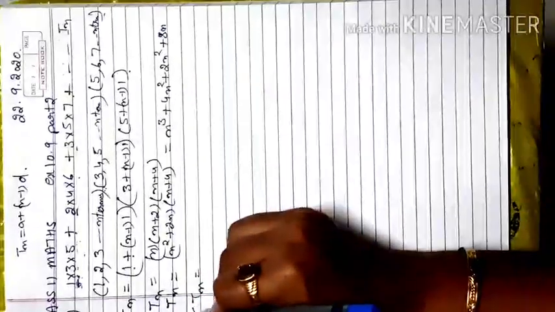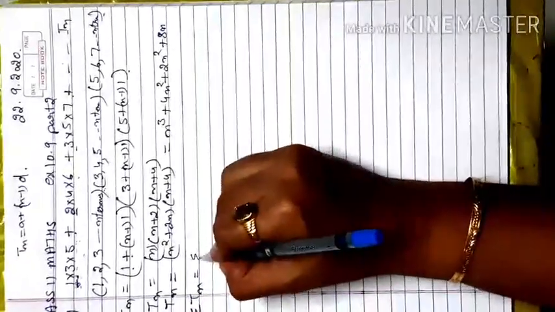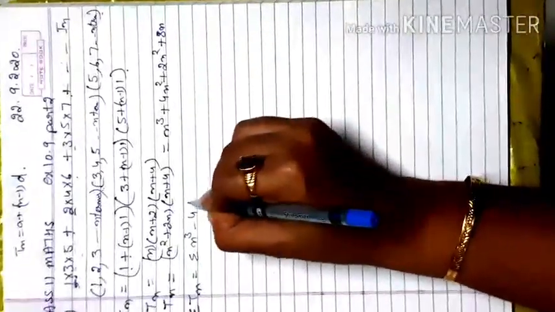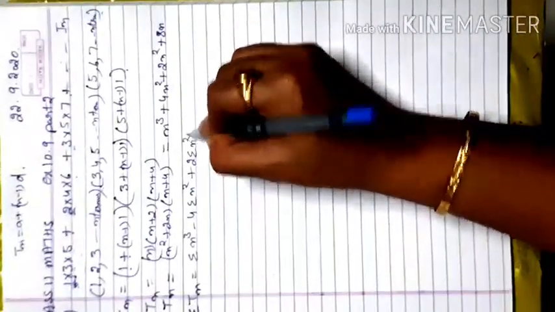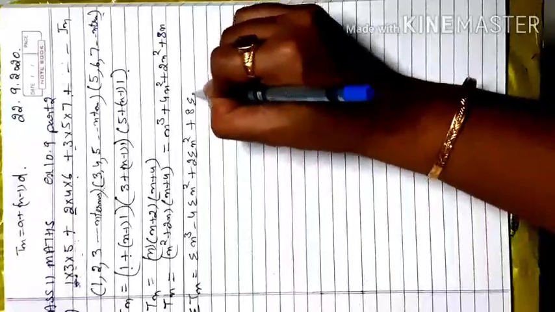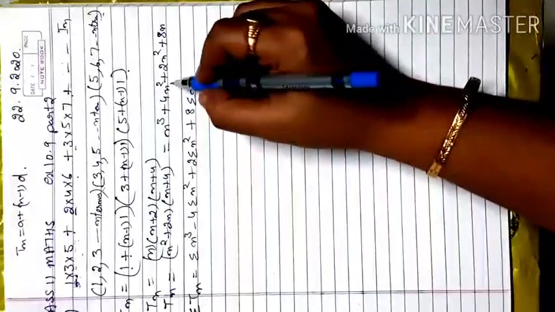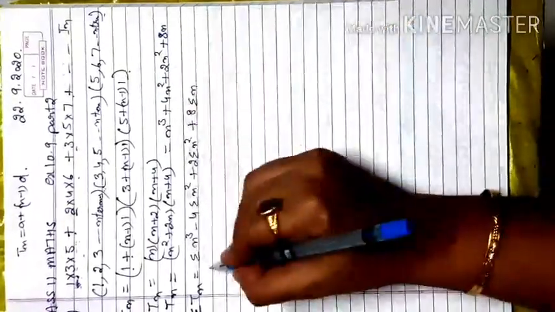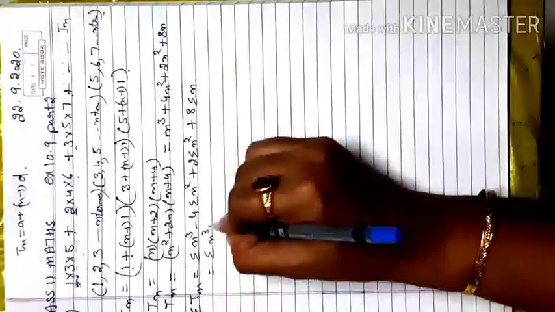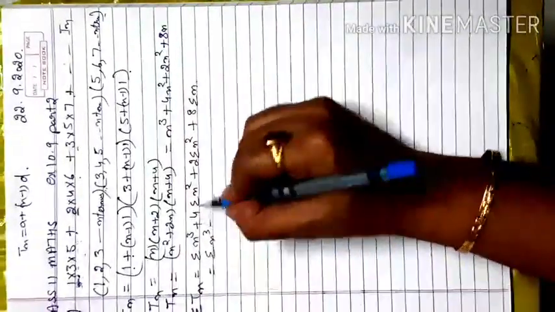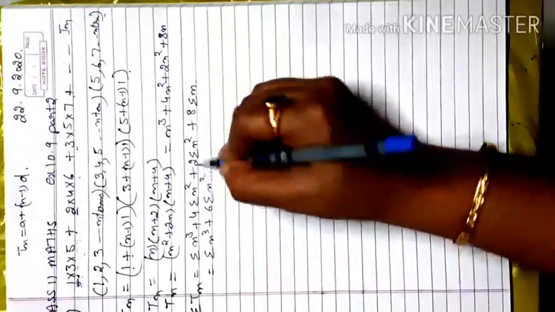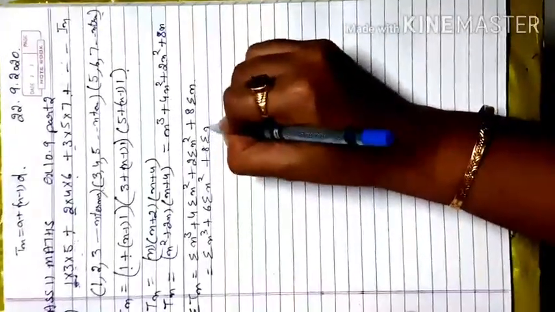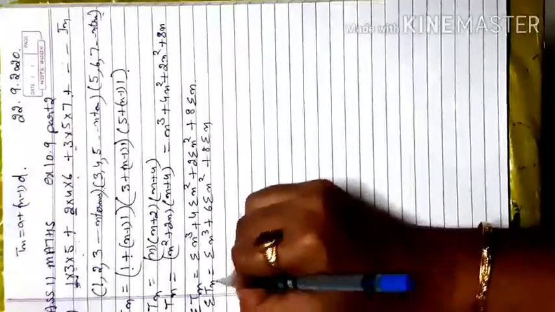Now if you take the summation sign on both sides, that will be sigma n cube plus 4 sigma n square plus 2 sigma n square plus 8 sigma n. Here you can add 4 and 2, which is 6. So that will be sigma n cube plus 6 sigma n square plus 8 sigma n. So that is sigma tn.